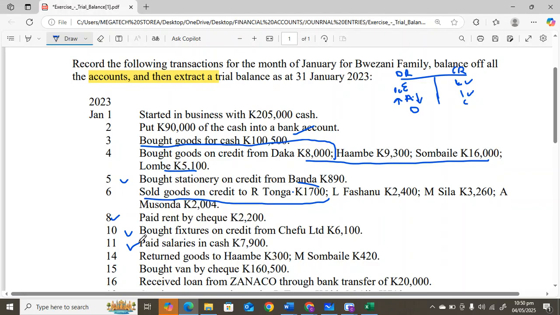Paid salaries in cash, 7,900. Wonderful. Which one is increasing? Which one is decreasing?